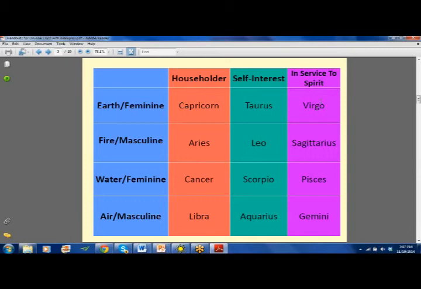Virgo and Capricorn are both into being givers and into work; Capricorn is serving the community and being a leader. Virgo is in service through the sacred work, and Taurus is not really. It's into how can I be in the moment and enjoy what's going on? So it just is another way to understand some of the differences.